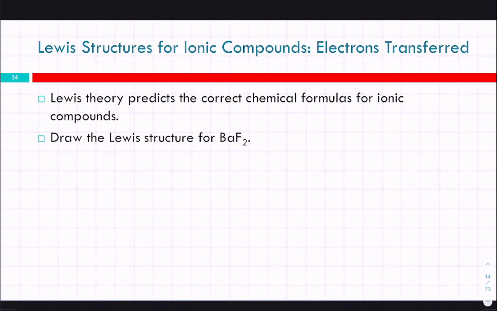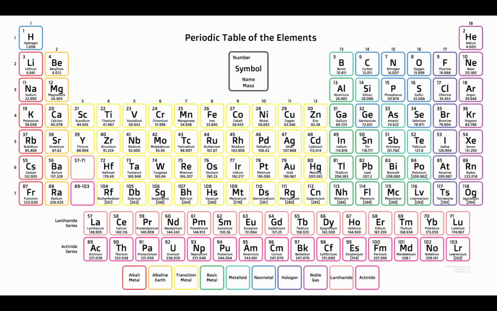So Lewis theory predicts the correct chemical formulas for ionic compounds. For example, if we have barium fluoride, we have barium and 2 fluorines. Barium has 2 valence electrons because it is in column 2 on the periodic table, all the way at the bottom here. And then fluorine, again, has 7 valence electrons.